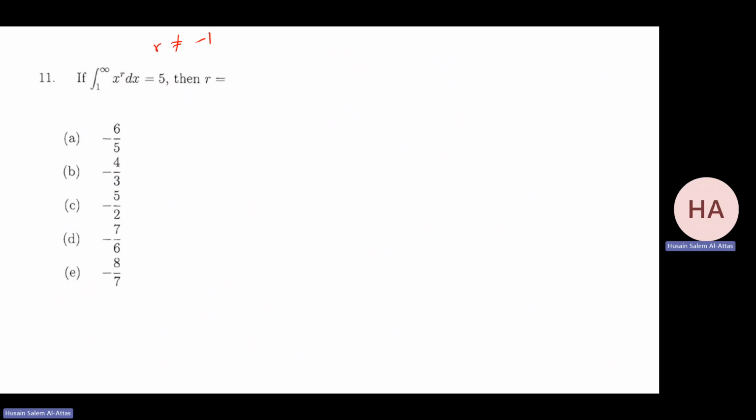So I will do this with r not equal to minus 1. So this integral will be the limit, t goes to infinity, integral 1 to t of x to the power r dx.